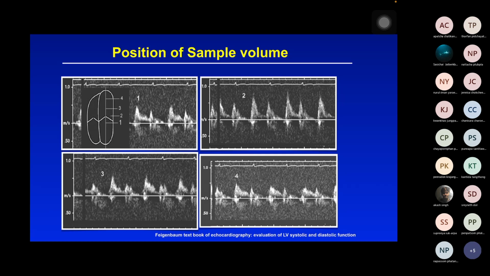That's why you should place the sample volume at the tip of the mitral valve level, so you get the correct E and A. If you place the wrong sample volume, you will get an incorrect measurement.